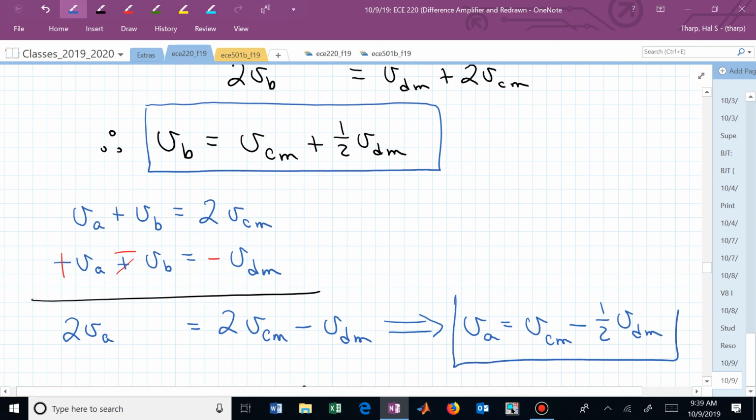And you can see then that V sub A and V sub B share the common voltage, and then they have a shift, so to speak, in the differential mode. One goes up and one goes down by 1/2.